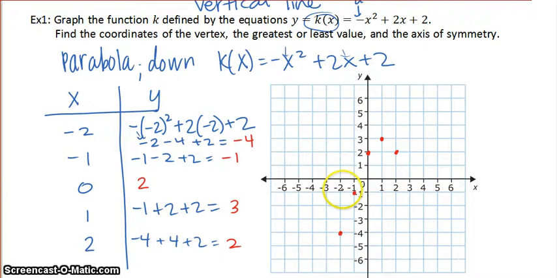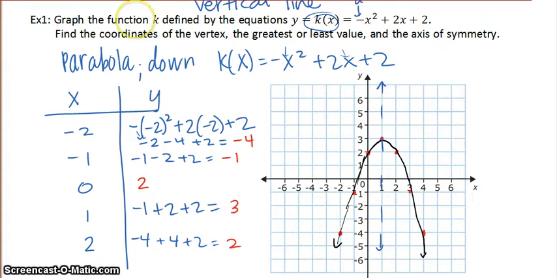It kind of rounds, but then it goes like this. Well, for me, knowing if I kept going and figured out 3 and 4, I would get this and this point. And that would complete my parabola, which makes sense because they have an axis of symmetry. And just by looking at this, I can figure out that my axis of symmetry is right here, which would be x equals 1.